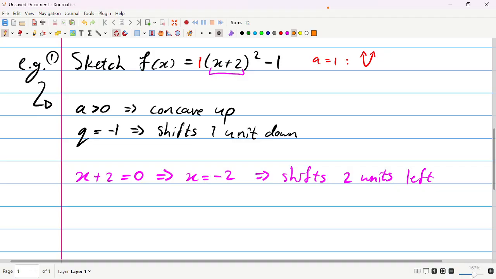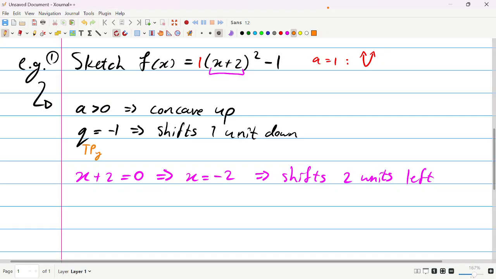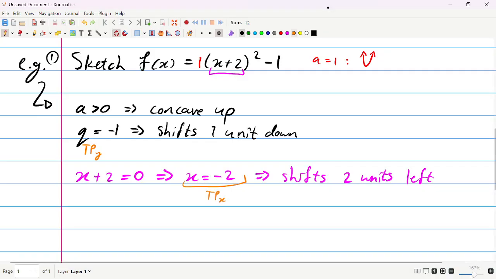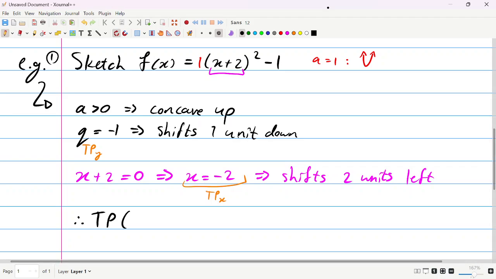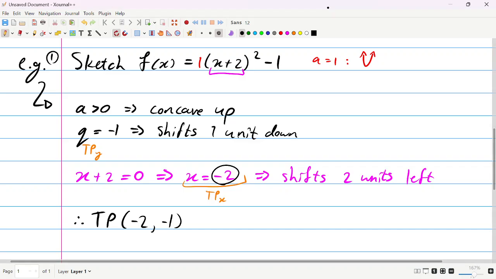So the turning point here, this Q value is the turning point Y. And this value that we solved for now is the turning point X. So therefore, this implies to us that our turning point is going to be what? It's going to be negative 2 and negative 1, from our horizontal shift and our vertical shift.